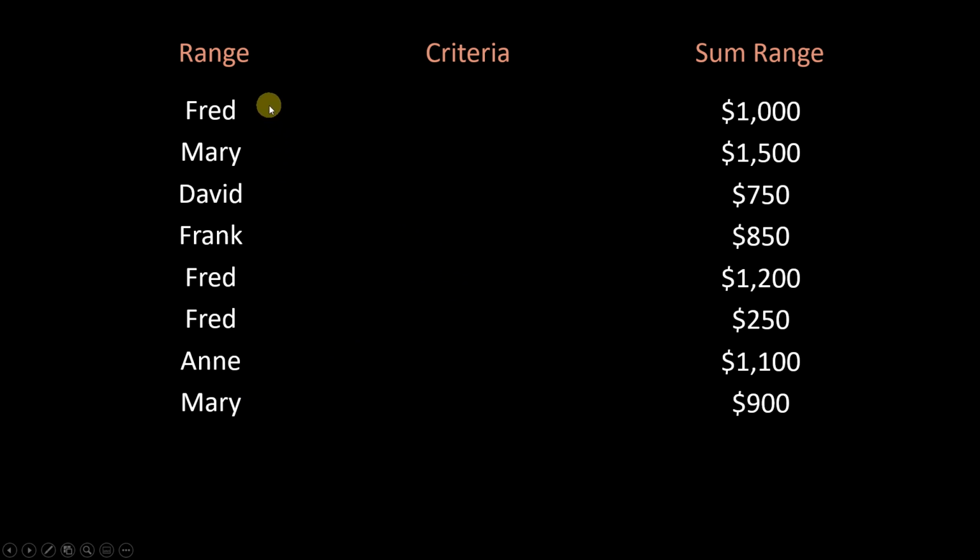That range is where we would use a criteria to look. And whenever it actually finds that particular entity, it would use the sum range, which has to be the same dimensions as the lookup range.